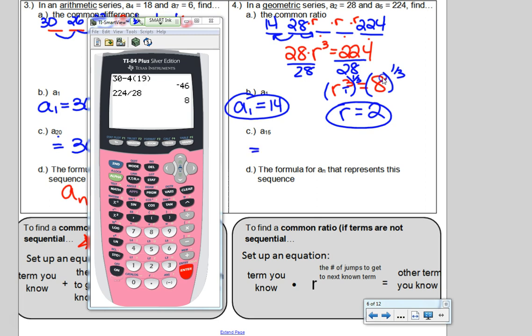The 15th term, I know I start at 14. I know I'm going to multiply by 2, and the number of 2's I need to multiply is 1 less, so 14 2's.